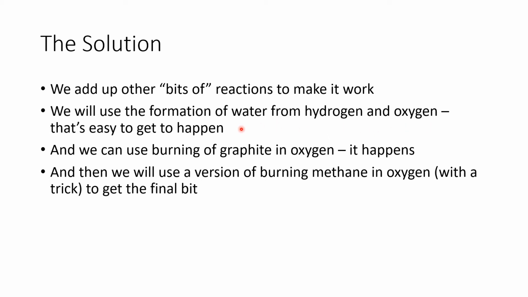Okay, cool, we got that one. And then if we burn graphite in oxygen, yeah, we can get CO2. So that one happens. Okay, cool. And then we'll use another piece that's the burning of methane in oxygen. So it's kind of backwards, right? But we'll use it backwards in order to calculate the thing we're after. And I'll show you that on another slide.